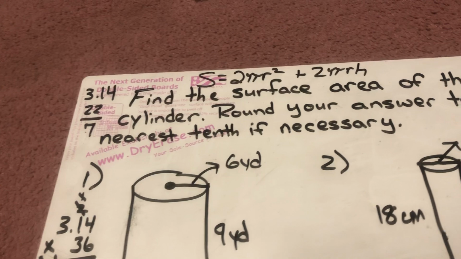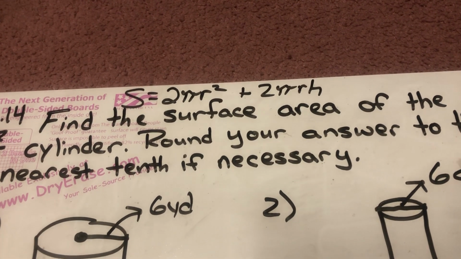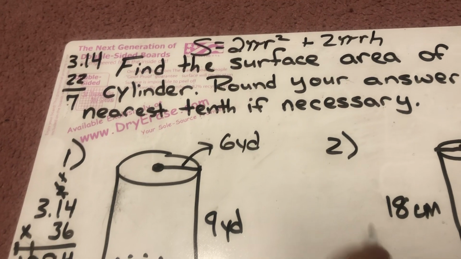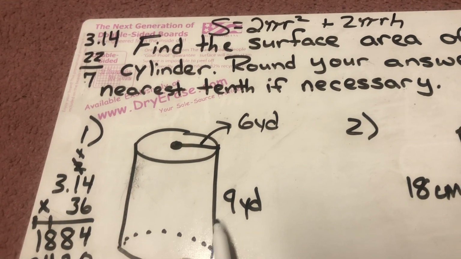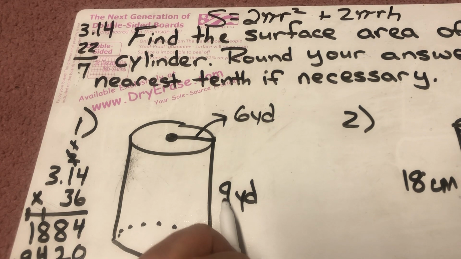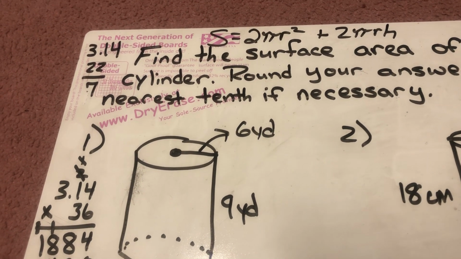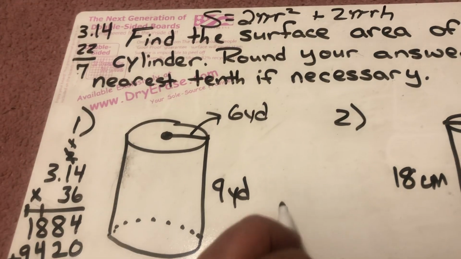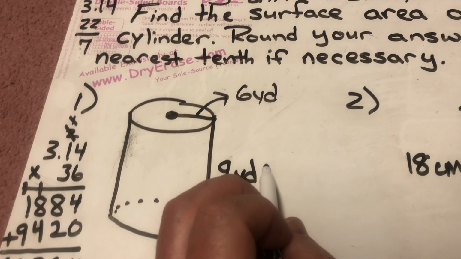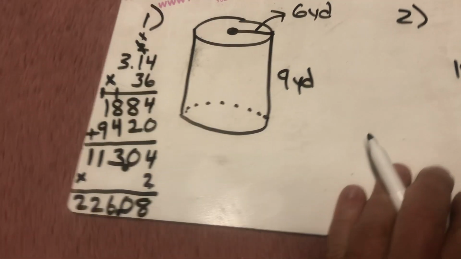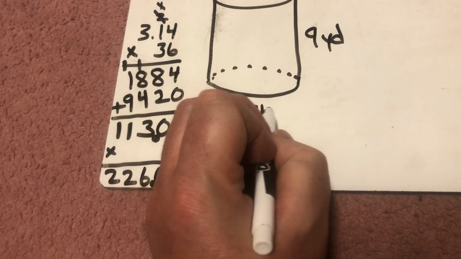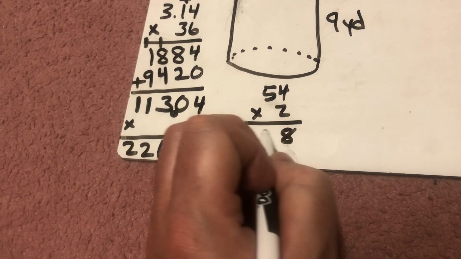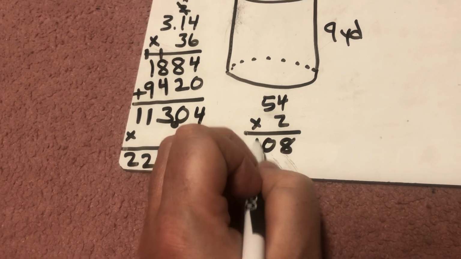Now, lateral surface area, 2 times pi times radius times height. So if I first go radius times height, that's 9 times 6, which is 54. I could then take 54 and multiply that by 2. All right, so if I come down here and go 54 times 2, 2 times 4 is 8, 2 times 5 is 10.